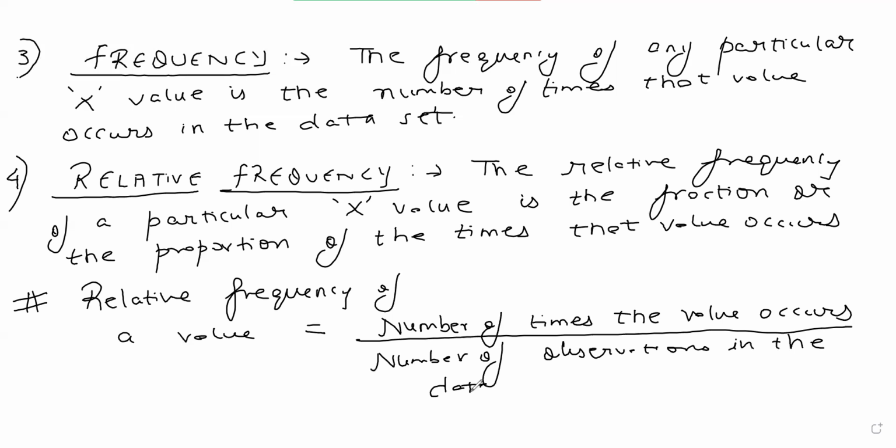I will be doing a numerical based on this, where we are going to find the relative frequency, but very simple. Relative frequency is the ratio of the number of times that particular X value occurs divided by the total number of observations in the data set. Okay, so hoping that all students have understood this.